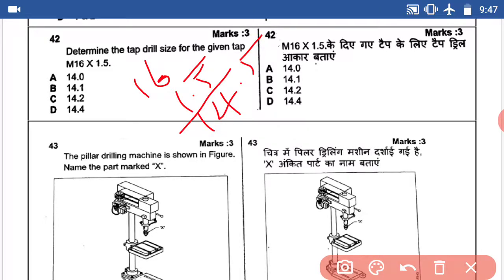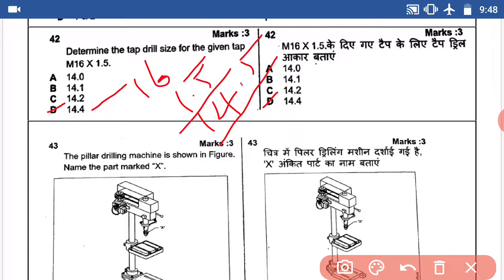So it is 16 minus the pitch, 14.5. The nearest answer is 14.4. This answer is correct. Answer D is the correct answer.